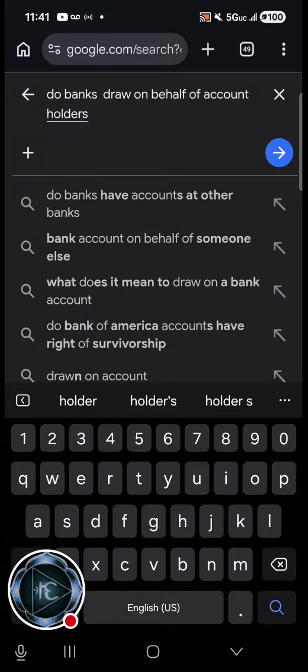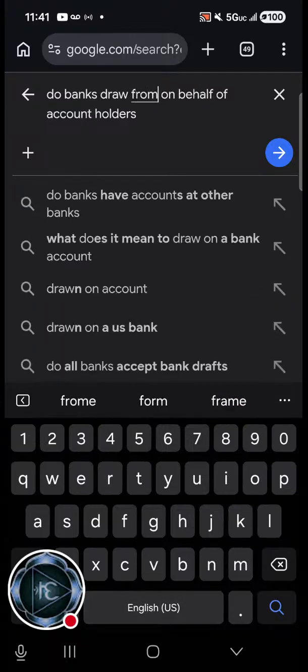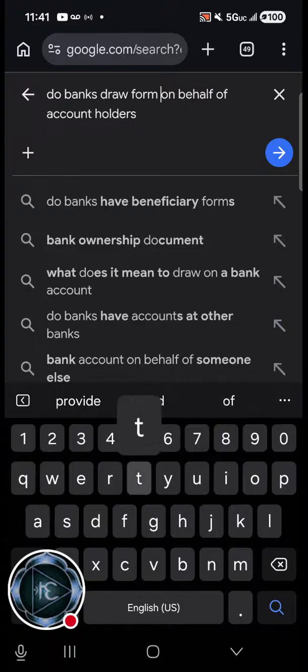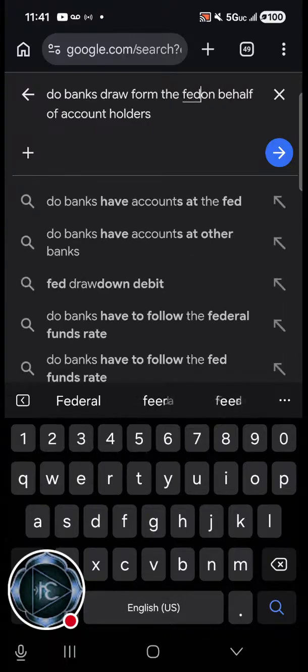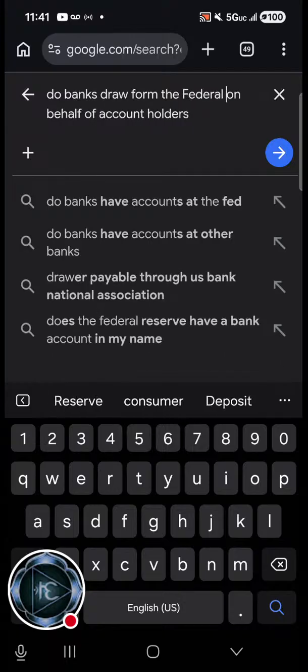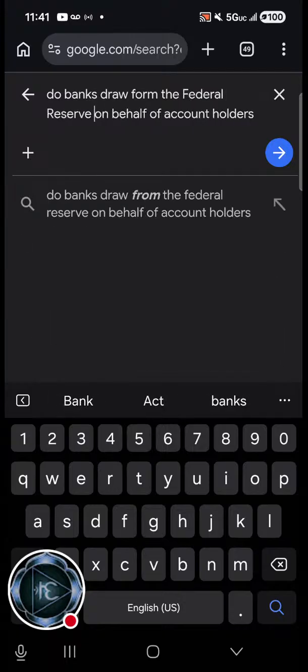Do banks draw on behalf of account holders? Draw, I said, do they draw from the Federal Reserve, and the AI claims no, they draw from their own accounts.